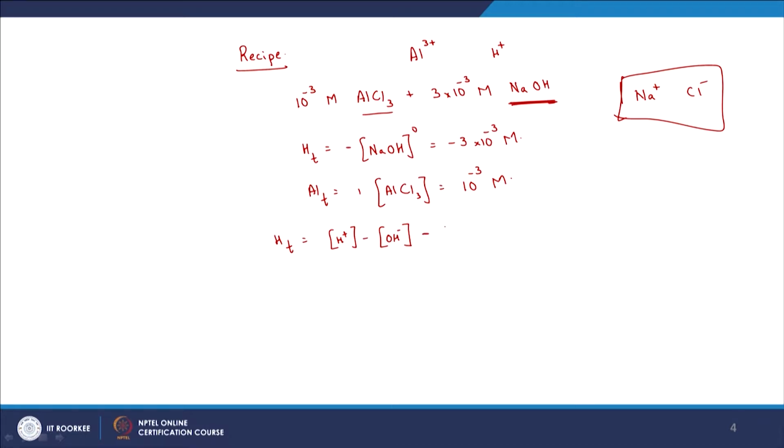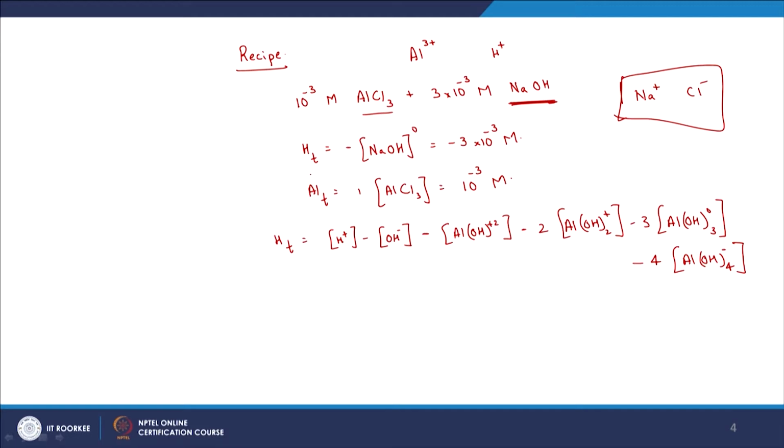And the equation I guess we have is AlOH2+, minus 2 times Al(OH)2+, minus 3 times Al(OH)3 with 0 charge, minus 4 times Al(OH)4 with negative charge.